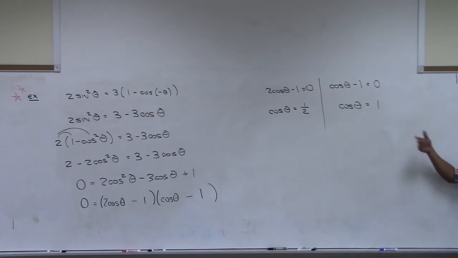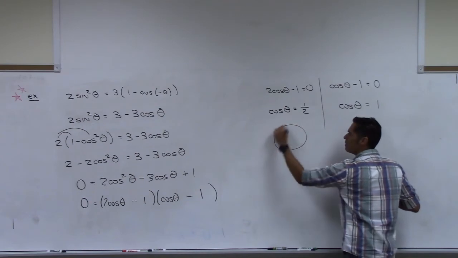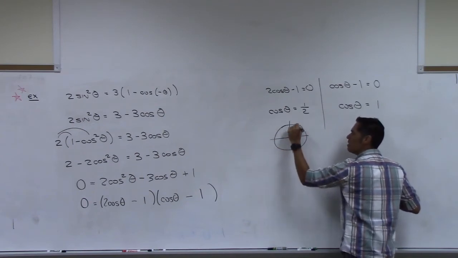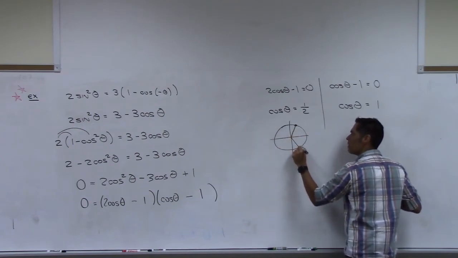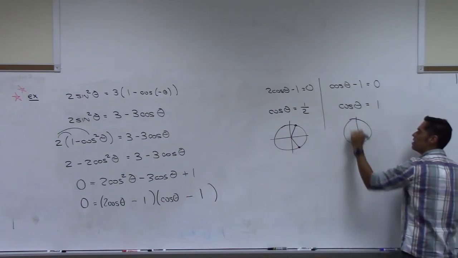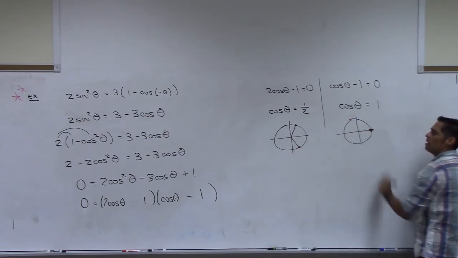And now cosine is the x-coordinate. Where's the x-coordinate a half? We actually did that earlier, didn't we? And then this one is saying, where is the x-coordinate 1, which only happens there?